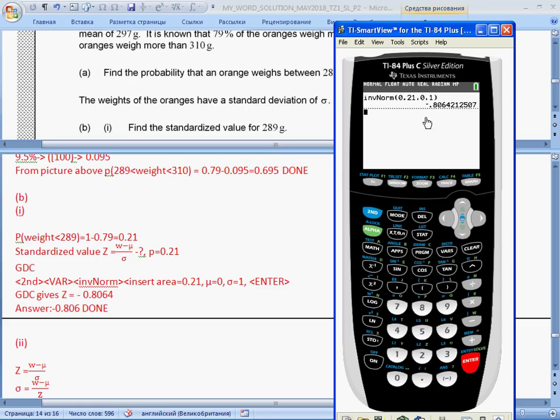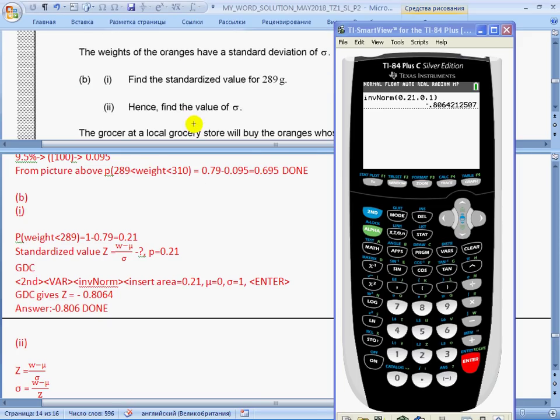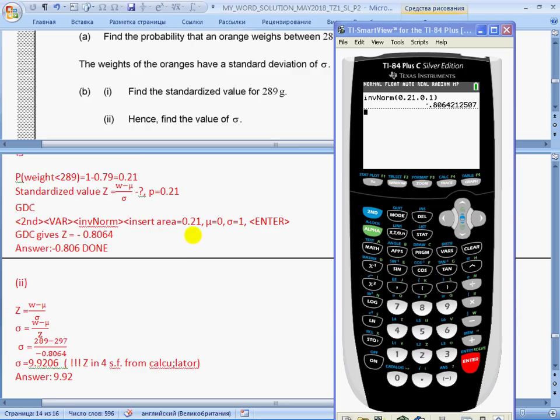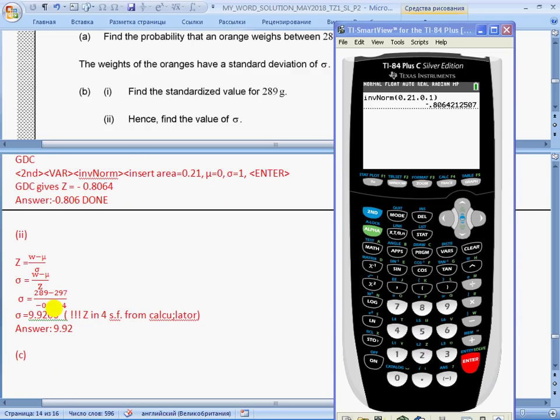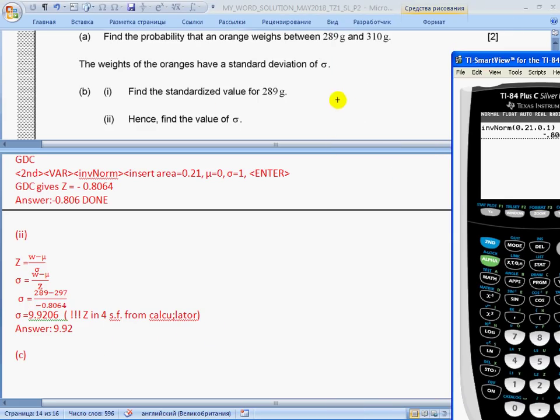Right, and this is the value that we get, so z is minus 0.6. Now hence find the value of sigma. We know that for 289 z is this value, so we substitute into the formula for z and find sigma very easily. So this question is done.